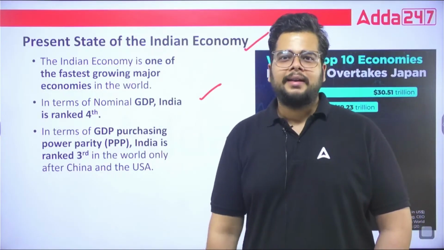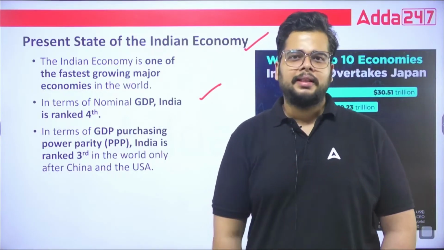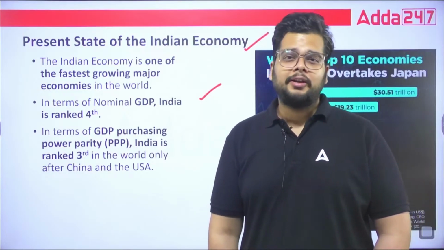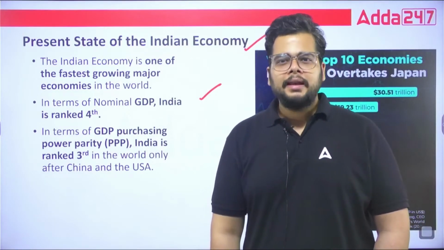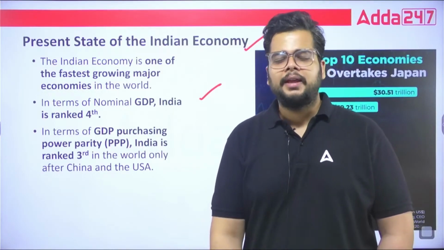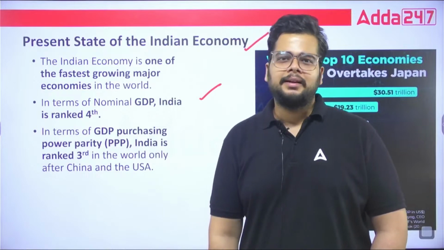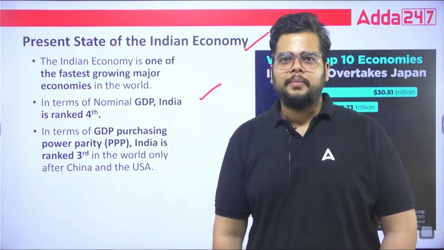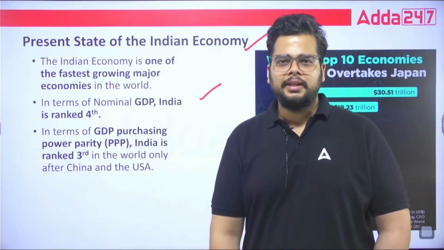India is ranked at 4th position in the latest report of IMF, which has published the World Economic Outlook report, and therein we can say that by the end of 2025, India will be surpassing Japan to become the 4th largest economy of the world.